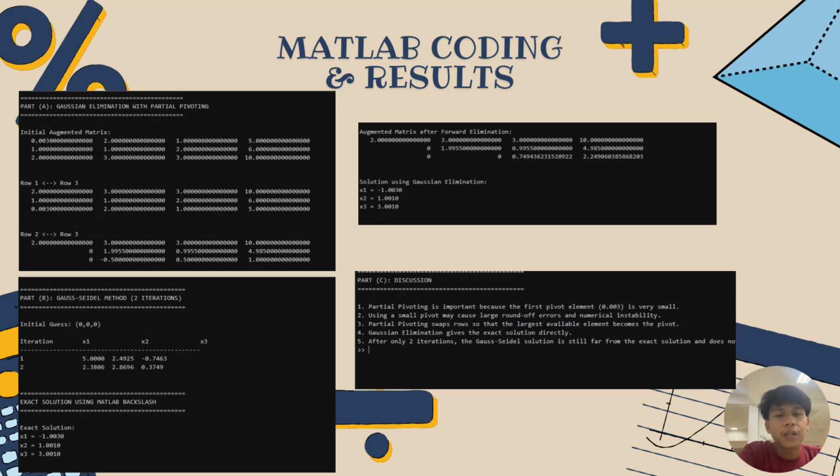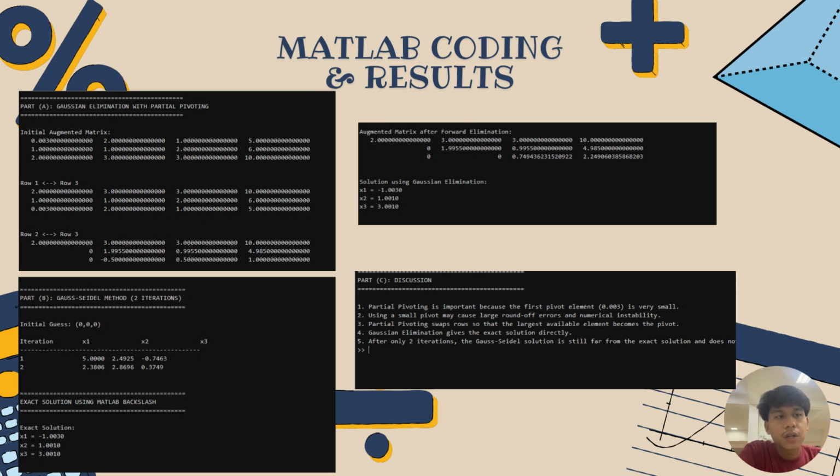Using an iterative approach with a starting guess of all zeros, iteration 2 yields values that are still quite far from our targets. This contrasts with the MATLAB exact solution, which matches our pivoted Gaussian elimination perfectly.